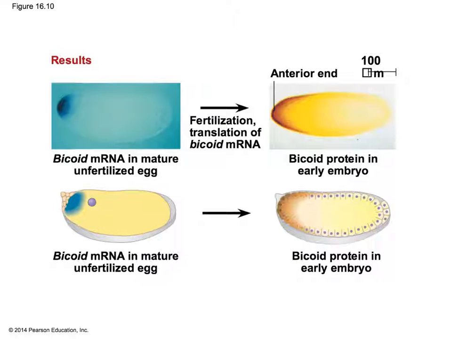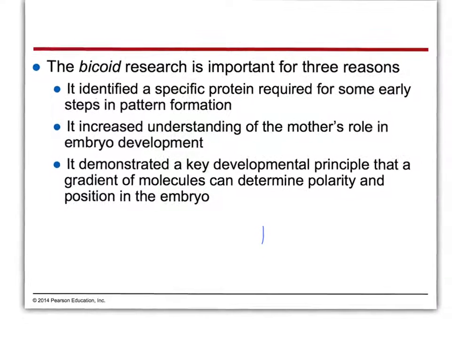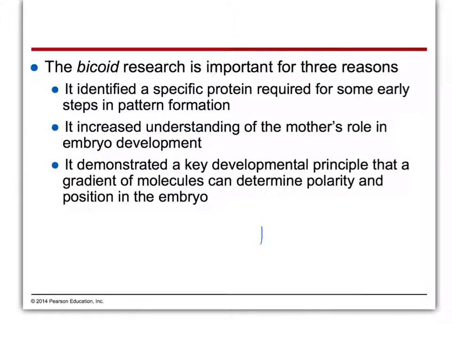High bicoid here, low, whatever, is the anterior. Then as it moves down, somewhere in the middle would be about equal between the two morphogens. What does this mean? Why is it important? It shows that there's a determination of axis formation, that a protein is required for some early steps of development, and it comes from the mom.